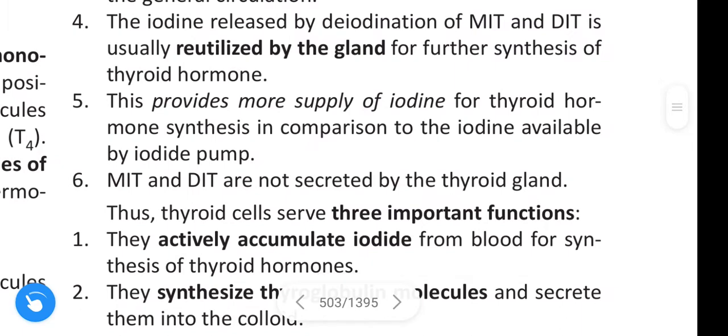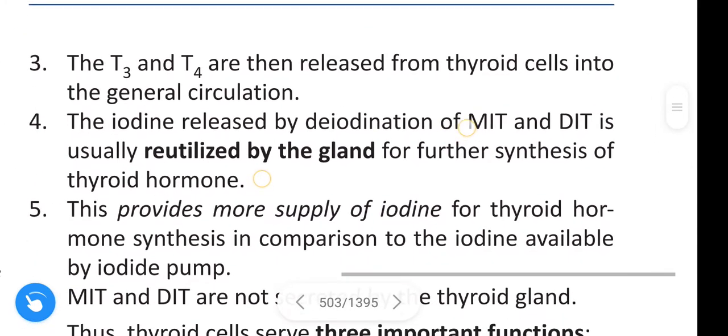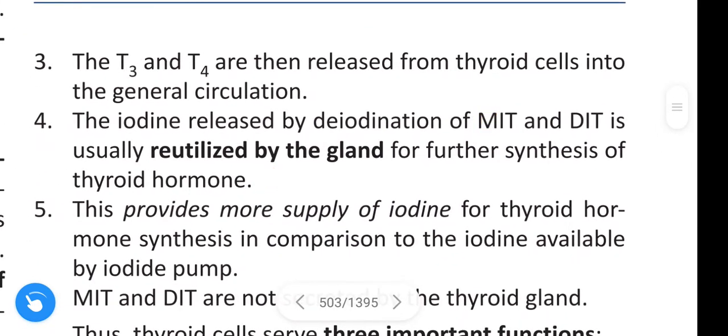Next, T3 and T4 are then released from thyroid cells into the general circulation.